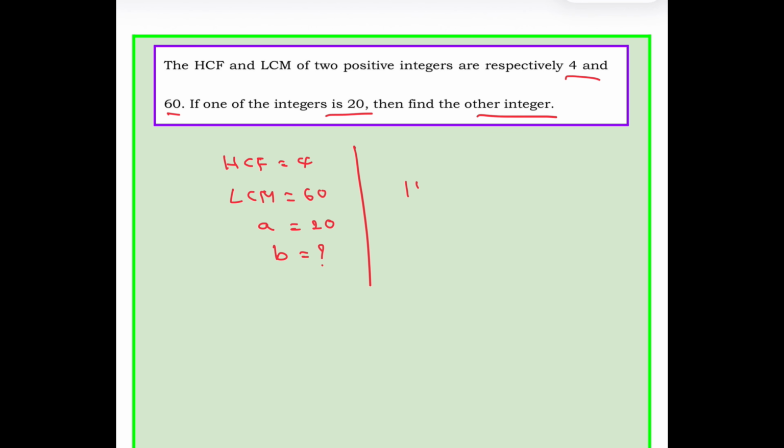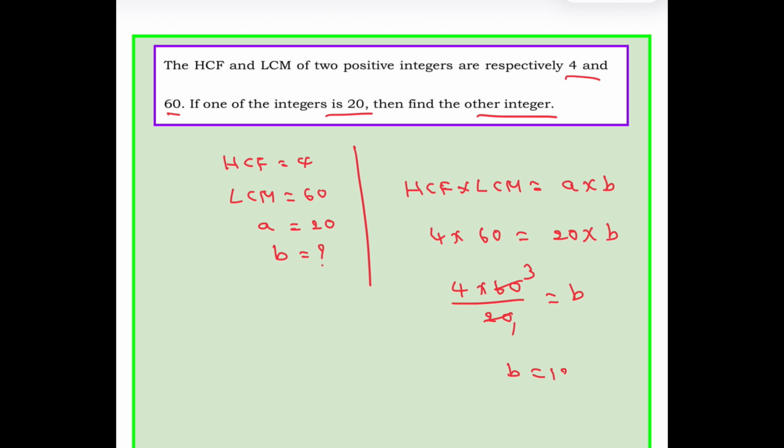Here the relation between HCF and LCM is HCF into LCM equals A into B. So 4 into 60 divided by 20 equals B. 20 ones are 20, 20 threes are 60. B equals 4 threes are 12. Therefore, the other integer is 12.